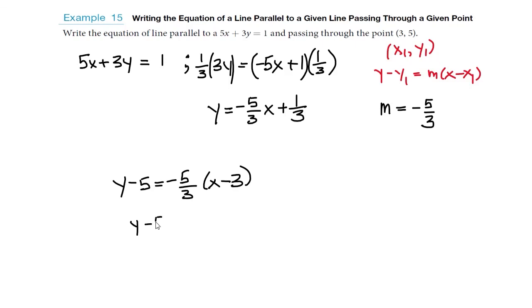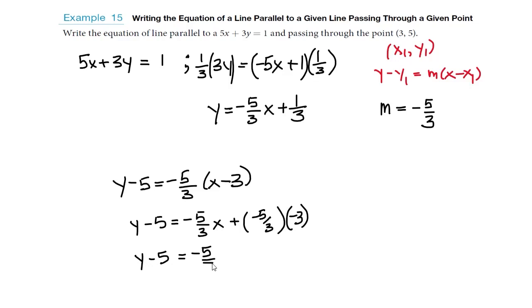So y minus 5 is equal to -5/3 x. And then what I'm going to have here is plus -5/3 multiplied by -3. So I have y minus 5 equals -5/3 x plus 5. Because the two negatives make a positive.